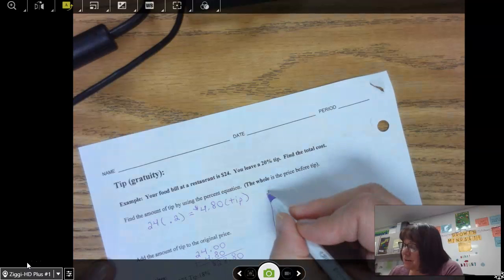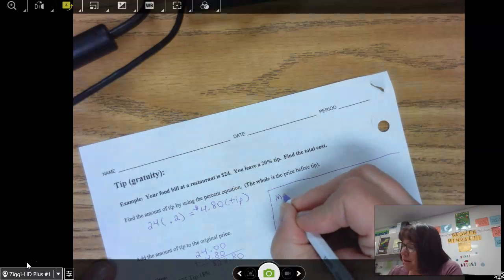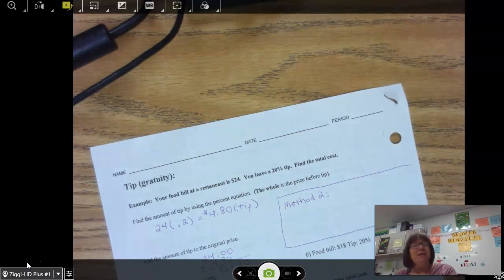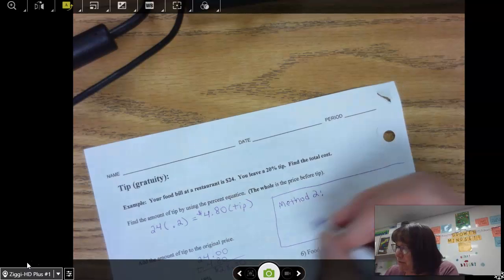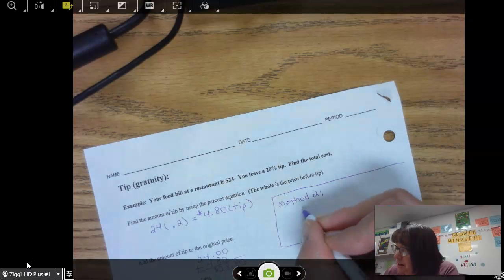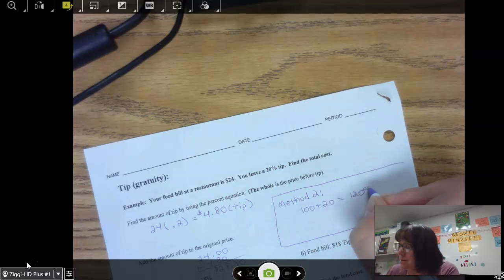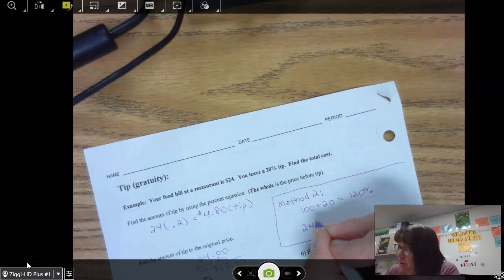Now, we could have done this the same way as we did before. Add your tip percentage onto your whole. So you're going to pay 100% for the meal plus the tip. So 100 plus 20 would be 120%. When I change that into a decimal, I would take 24 times 1.2.